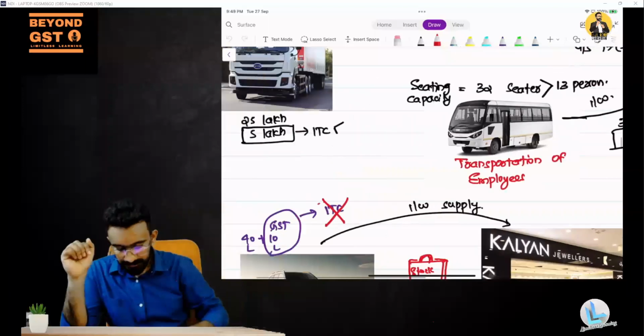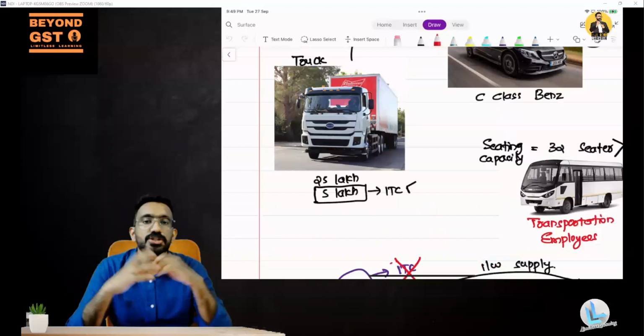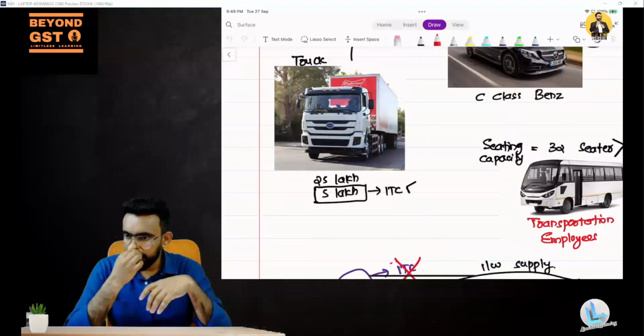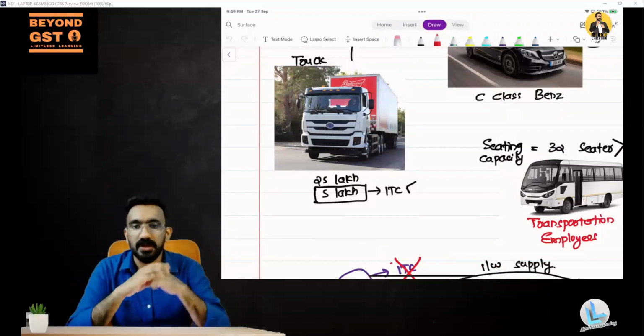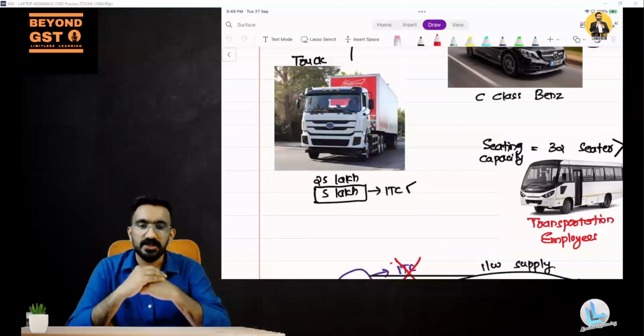Similarly, what if Nokia purchases a container truck for distribution of their mobile phones, or whatever product they are producing, across their dealerships? They purchased a truck and paid 30 lakh, with 5 lakh as GST. Can Nokia take the credit of this?